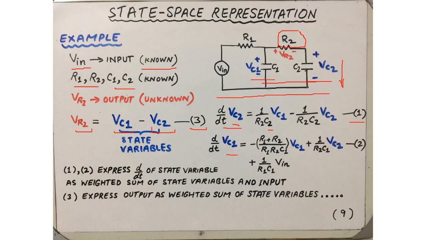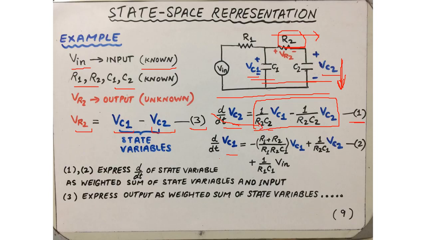Note that the current through the capacitor C2 is the same as the current through this resistance R2. So what is the current through the resistance R2? That is essentially this voltage Vc1 minus Vc2 over R2. That is your right hand side. Now if you bring C2 from the left hand side over here, you will get equation 1.